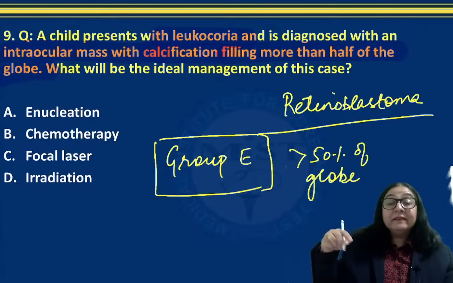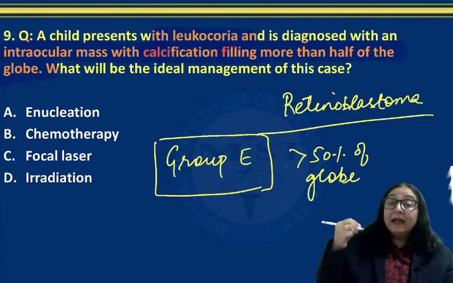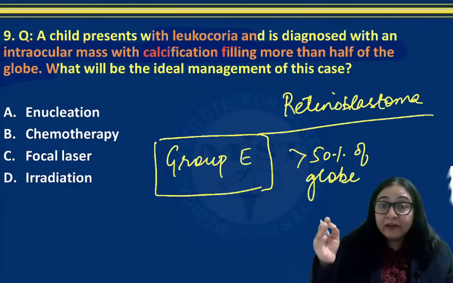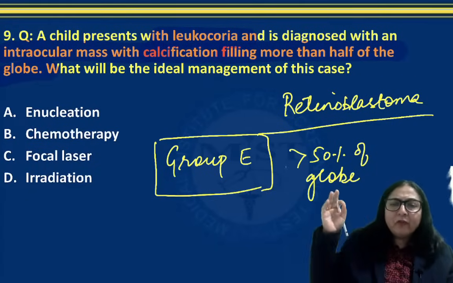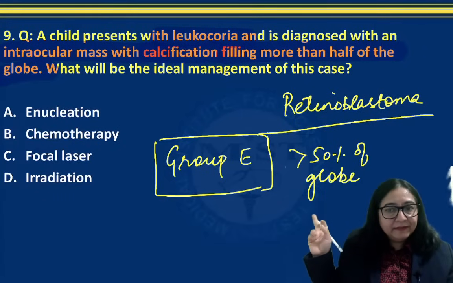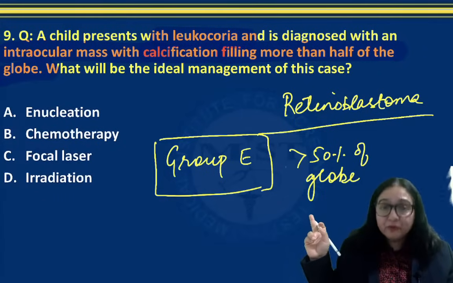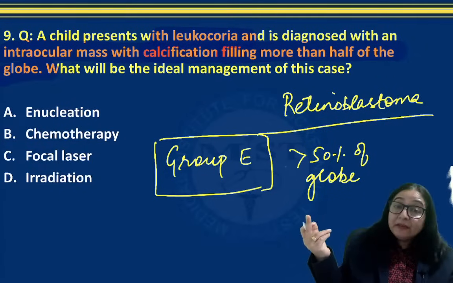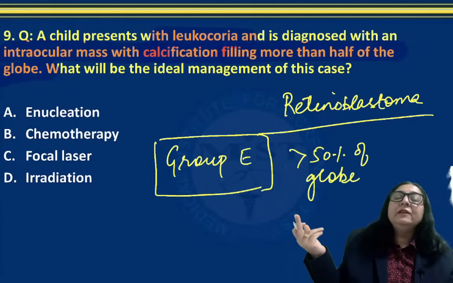Besides that, when there is anterior segment invasion, an orbital cellulitis-like picture related to retinoblastoma, or orbital invasion, all of those come into the group E tumor. And for group E tumor, the treatment is E for enucleation.